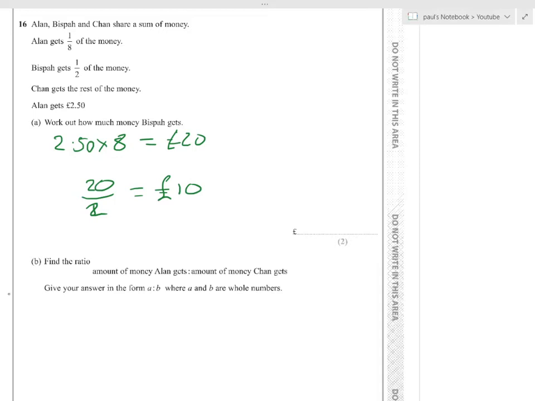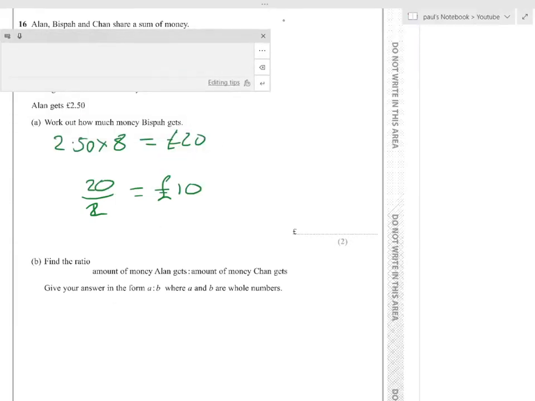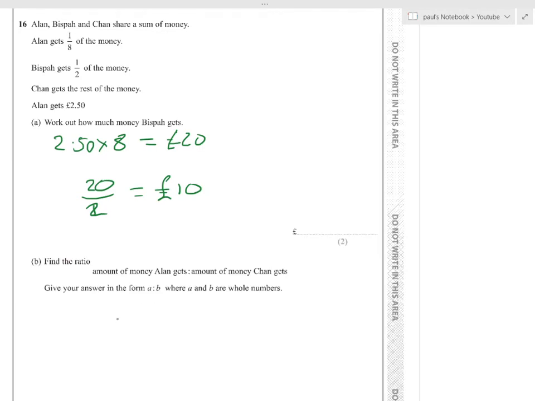Right, find the ratio of the amount of money Alan gets to the amount of money Chan gets. So it is Alan. Hang on. Come back. Please draw me a line. So what did Alan get? Alan got £2.50, and Chan, we said he got 10.